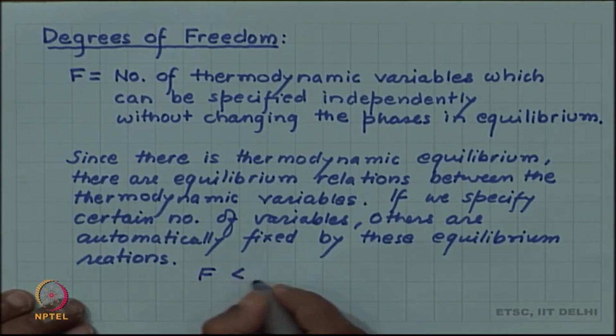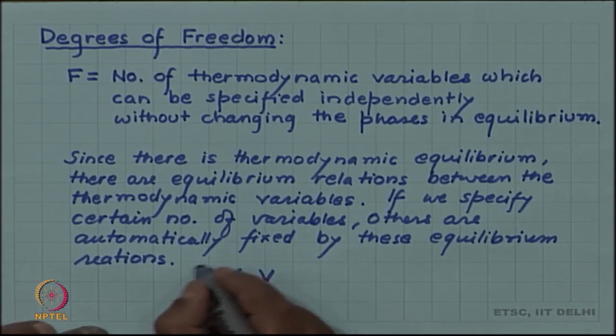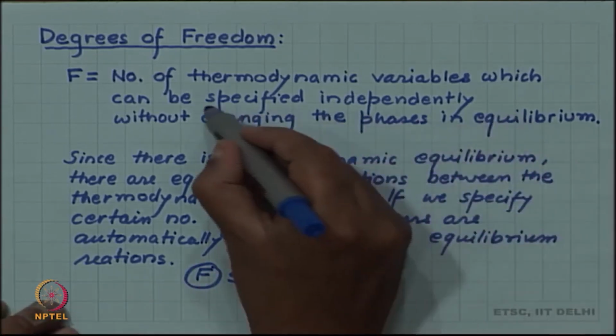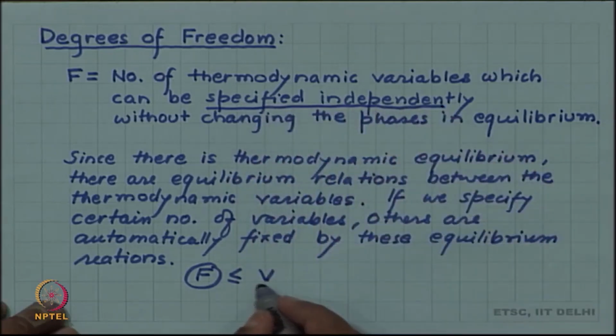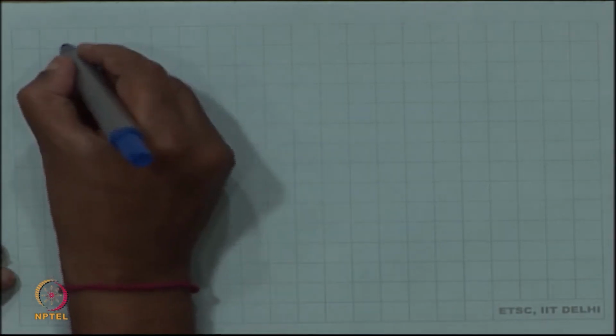F will always be less than equal to the number of variables which you have, the thermodynamic variables, because all the variables you may not be free to specify. As soon as you specify certain minimum number of variables, others get decided by these equilibrium relations. So, how many can you specify independently? That is what is given by the degrees of freedom. Degrees of freedom, number of variables which you can specify independently, and V is the total number of variables. So, let us now give the rule itself.